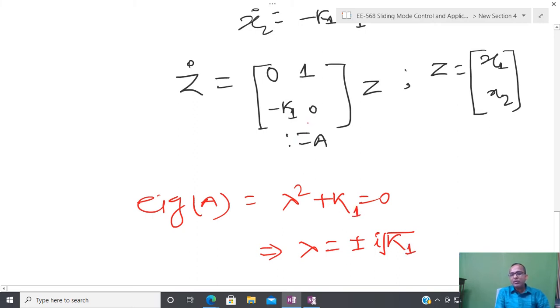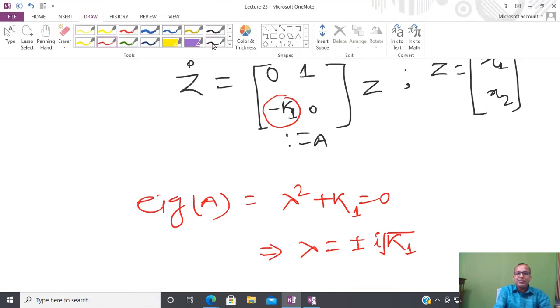Now you can see one more thing. Some of you might think that I will select k1 as positive, so that this becomes negative and on this side it is positive. At that time you can see that I have a problem. What kind of problem? If I select k1 positive here, it means that minus k1 is negative, and on the other side one eigenvalue is positive. Let me write it out so things become more transparent.